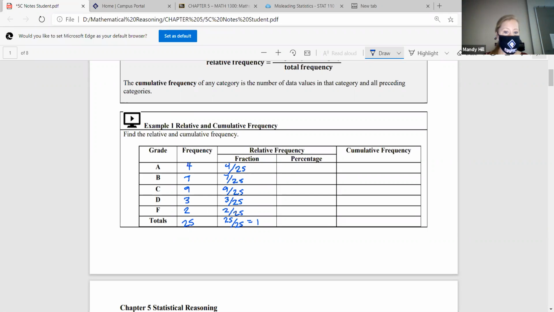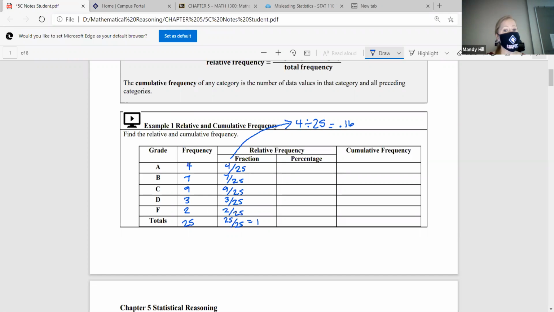To find the percentage, and we've talked a little bit in this class about how to find a percentage, but what we're going to need to do, and I'm not going to write every single one of these out, but on the first one, let's say I want to find the percentage, you're going to do 4 divided by 25. I'm just dividing my fraction. 4 divided by 25, and that gets me 0.16.